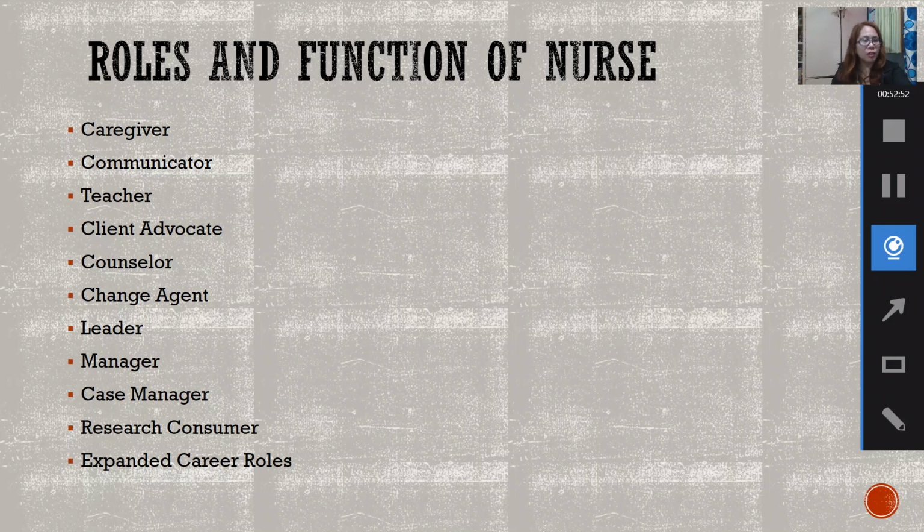Pag nakalagay dyan TID, 3 times a day, you need to explain to the client kung ilang oras ang interval dapat, paano niya iinumin, or how to perform basic procedures, paano mag-wound care kung may wound si patient. Okay, paano mag-exercise para mapabilis ang kanyang recovery, ano ang mga food na kailangan ni patient, ano ang mga food na bawal ni patient.